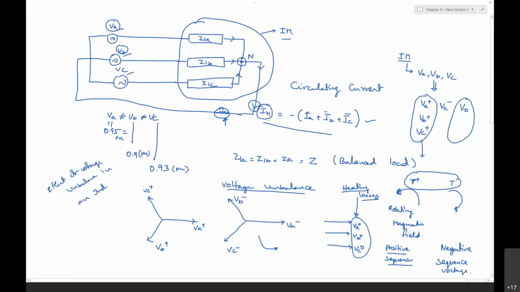We will have the pulsating torque as well as the heating losses. These are the disadvantages, because commonly the induction motor is used for water pumping applications. Because of the voltage imbalance, these are the things that are going to occur in an induction motor.